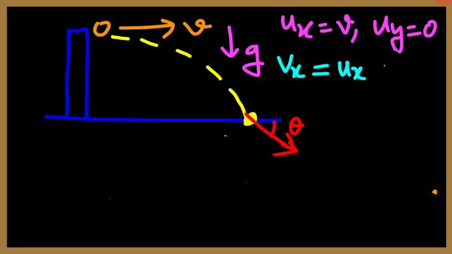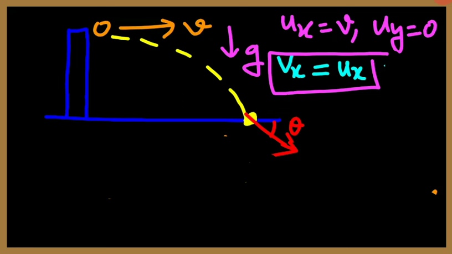So vx will be equal to ux. So the horizontal component of the velocity will not change throughout the motion. This we have also seen in the normal case of projectile motion, where a projectile is projected from the ground and returns back to the ground. This is simply due to the fact that in the x direction there is no acceleration.